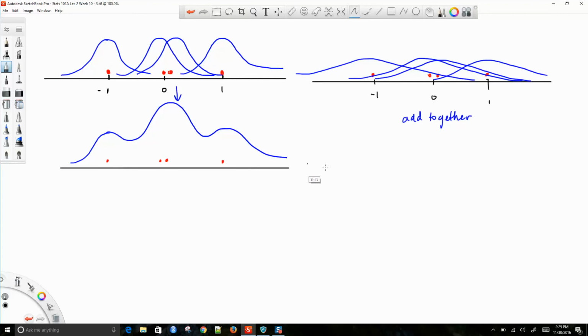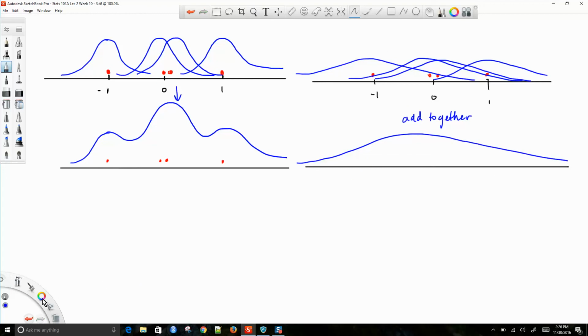Okay, so if we add all of these together, it's going to have a much smoother appearance. Something like that, okay? When you add them all together, maybe something like that. And so this is changing the bandwidth to a wider bandwidth.